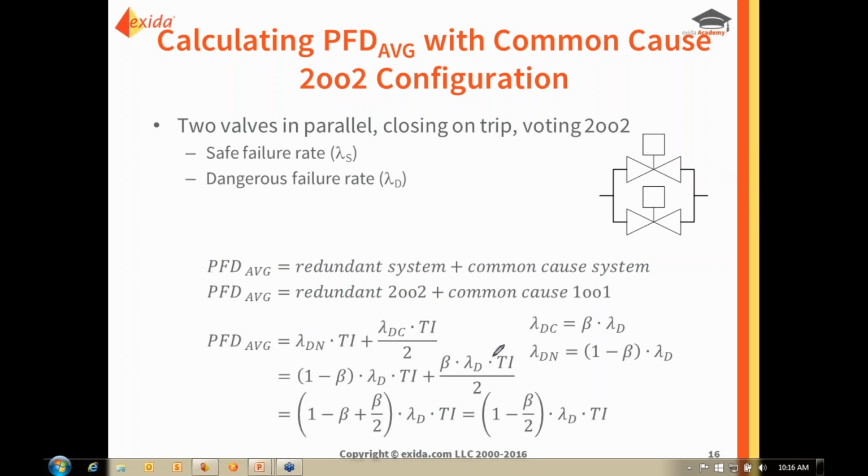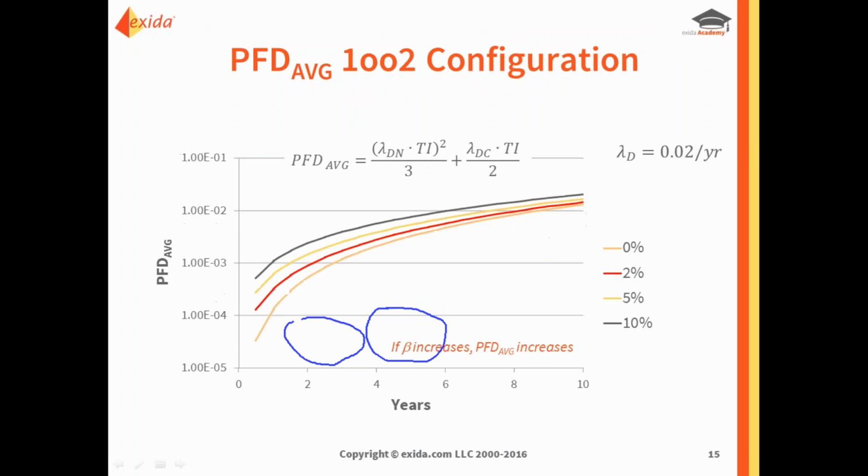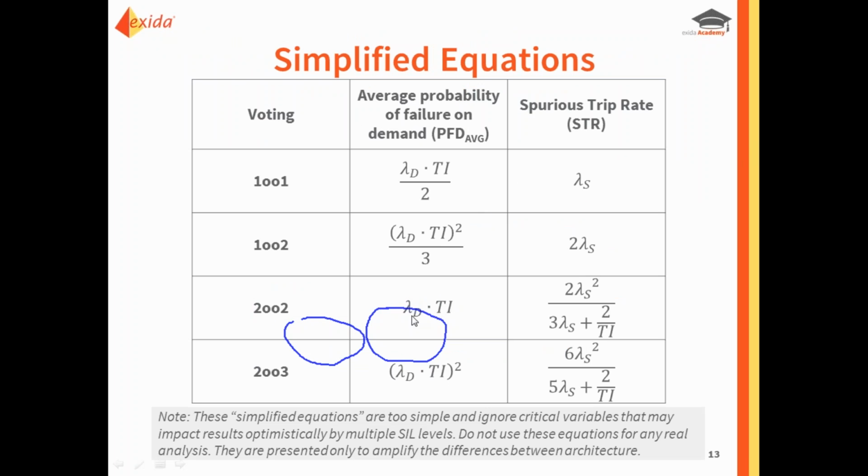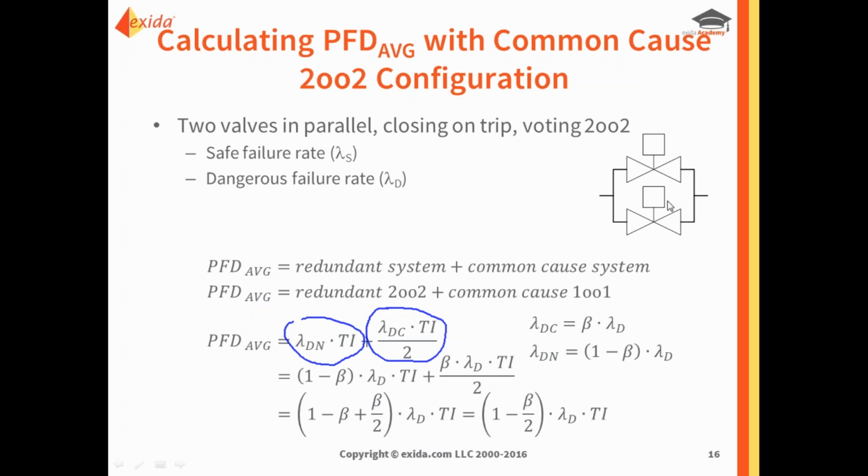Substituting the correct formulas for these two terms, we have lambda d normal times ti, and lambda d common cause times ti divided by 2. Where do these formulas come from? They come from the simplified equations, lambda d times t for the redundant term and the non-redundant lambda d times t divided by 2.